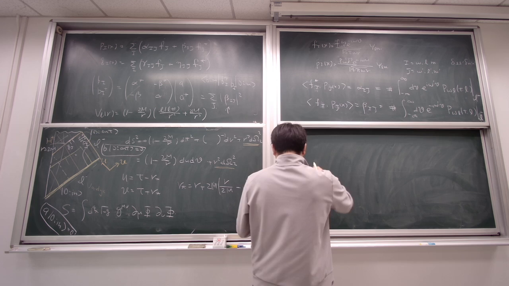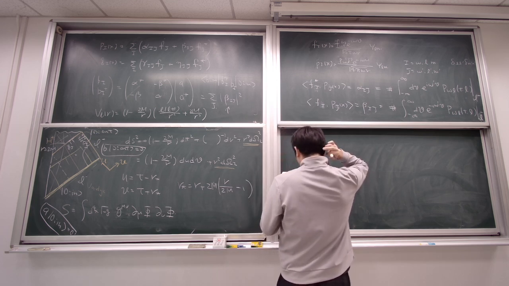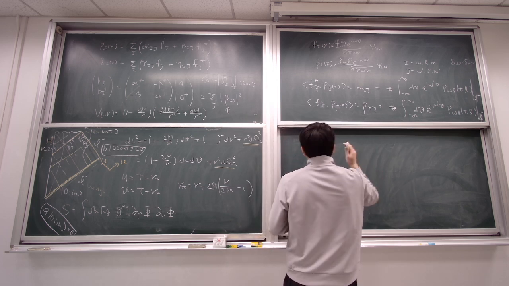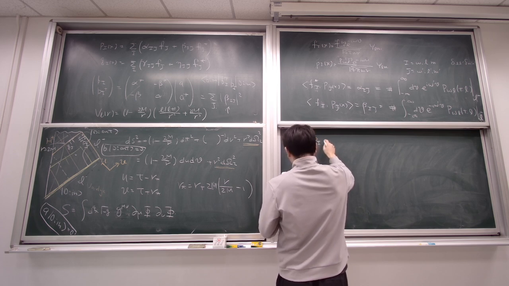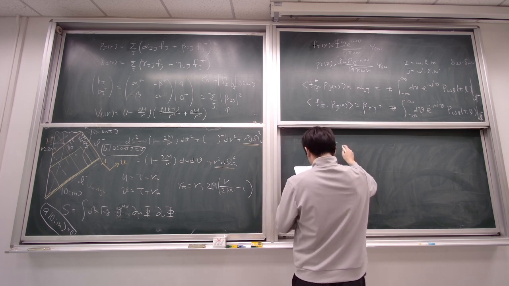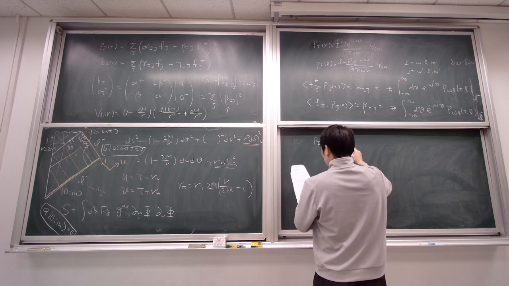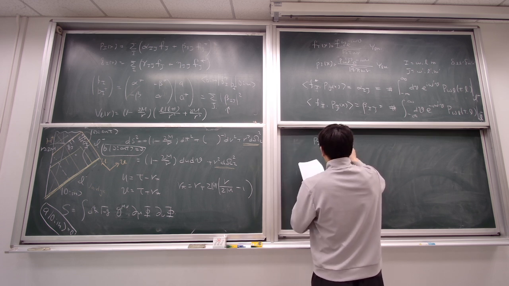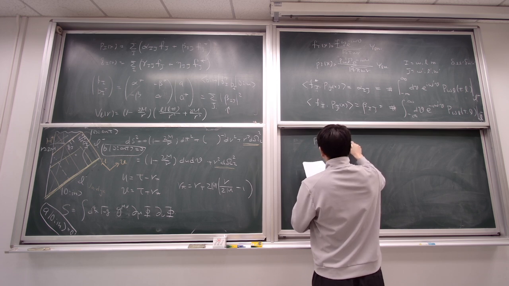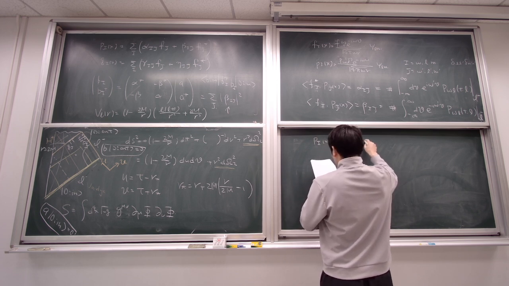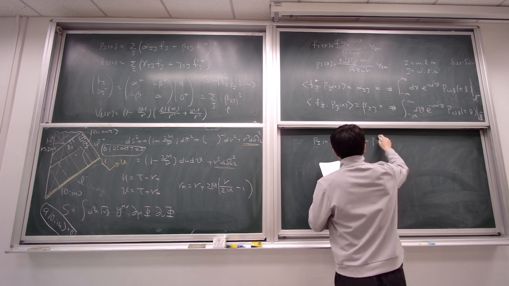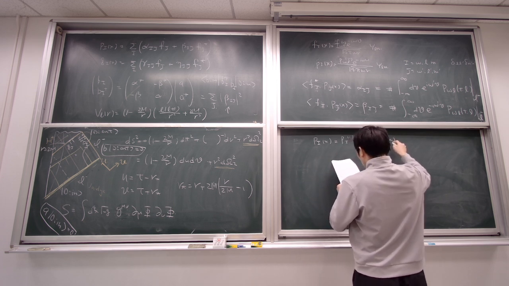So to do that, we just need to get rid of this mode by writing Pi of x as Pi of 1 of x plus Pi of 2 of x.